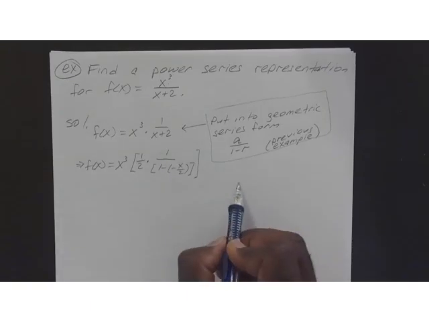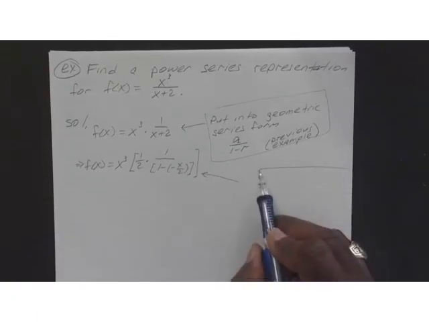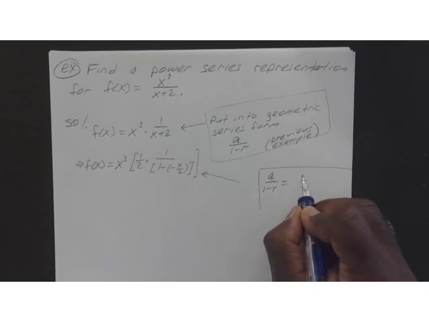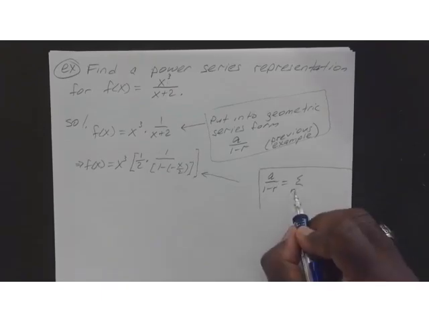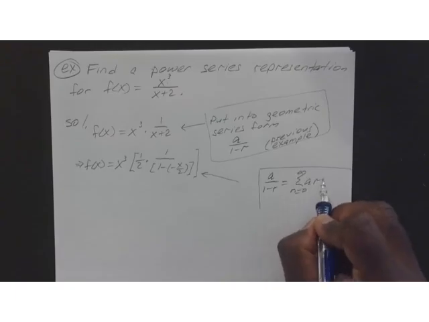Now, once you have it in that form, just remember that the sum a divided by 1 minus r, that's just our geometric series, the sum of a times r to the power of n.